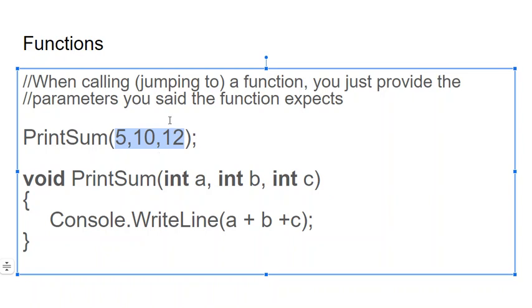So notice when you use the function, you don't have to put int 5, int 10. It's when you write the function that you have to specify the data types. And if this thing wants an int and you give it a string, the compiler will yell at you and it will stop you from doing a thing. So we'll have much better error checking now than we used to.